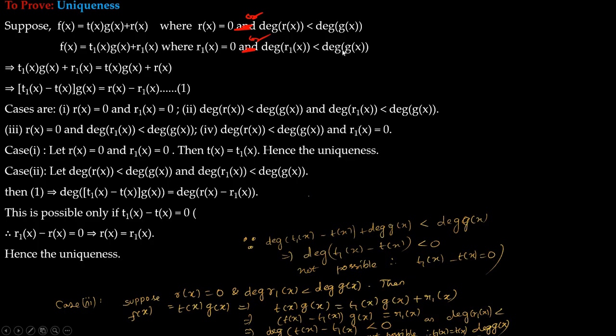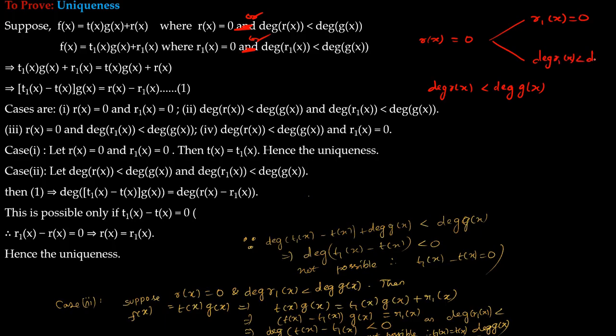So possibilities could be, you can have r of x 0 or degree of r of x less than degree of g of x. In this case you can have your r1 of x 0, or you can have degree of r1 of x less than degree of g of x.